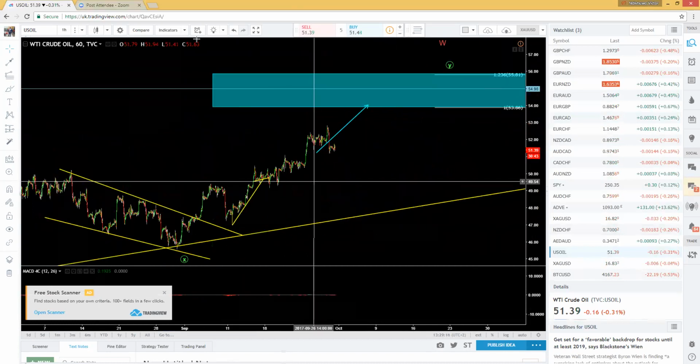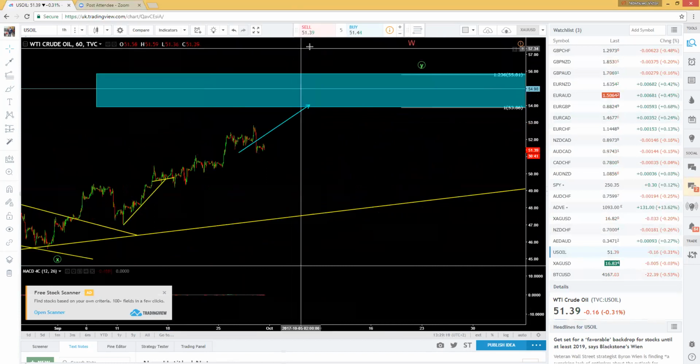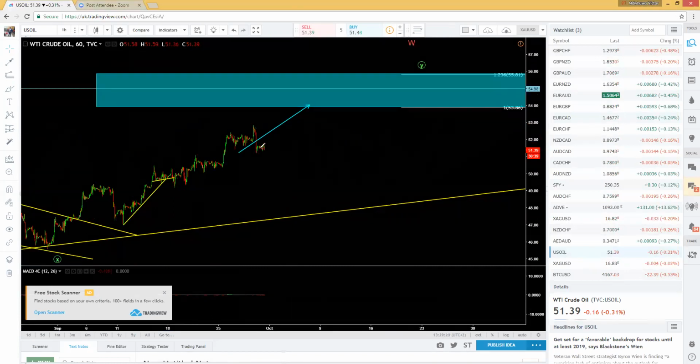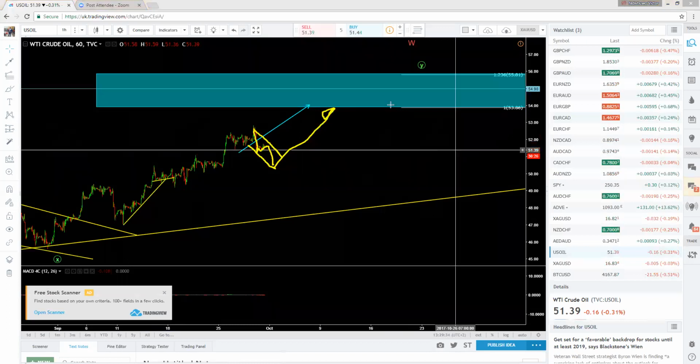Okay. So on the 1 hour, looks like if you had an impulse, you're getting a small correction, you could get something like this. Then you get what looks like a flag, and then it comes and completes that move to the upside to the 53.86. So oil is 53.86.